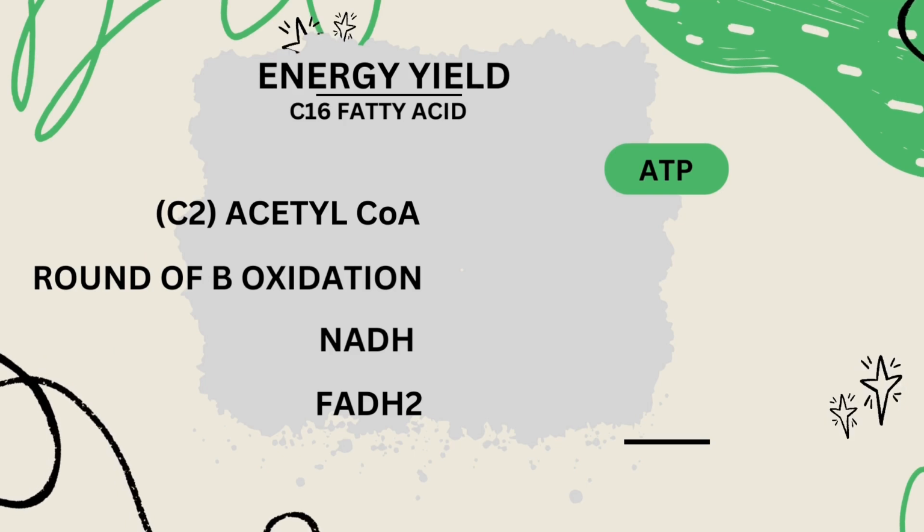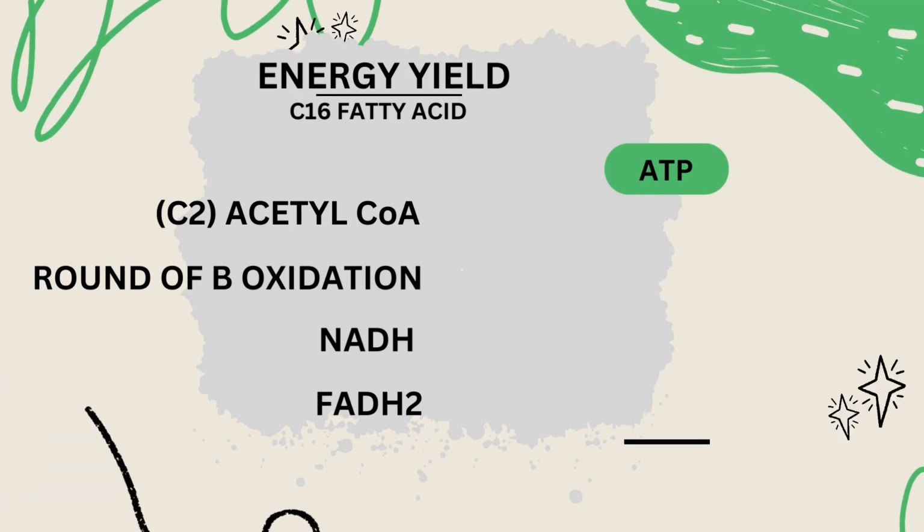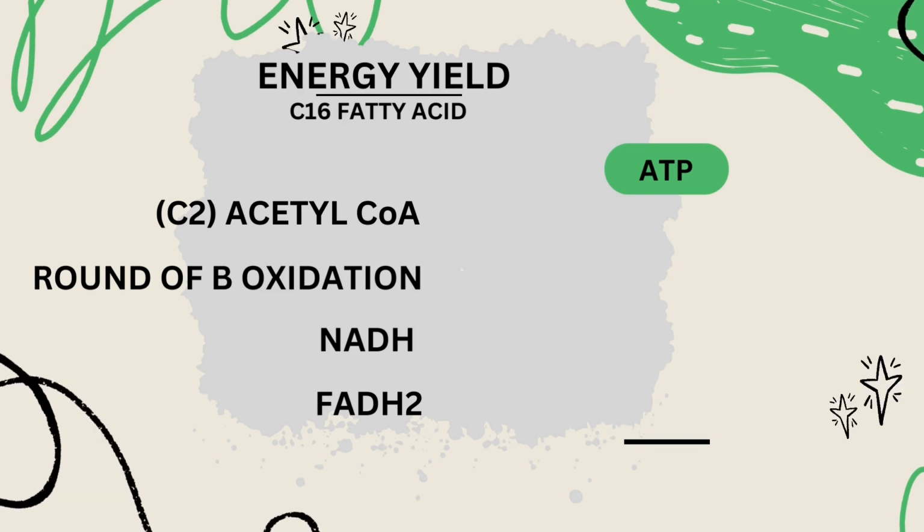How much energy do we get from beta-oxidation? Well, we have been using a 16-carbon fatty acid. How many acetyl-CoA do we get per 16 carbons? Well, acetyl-CoA has 2 carbons, so we just divide 16 by 2 and it gives us 8 acetyl-CoA.